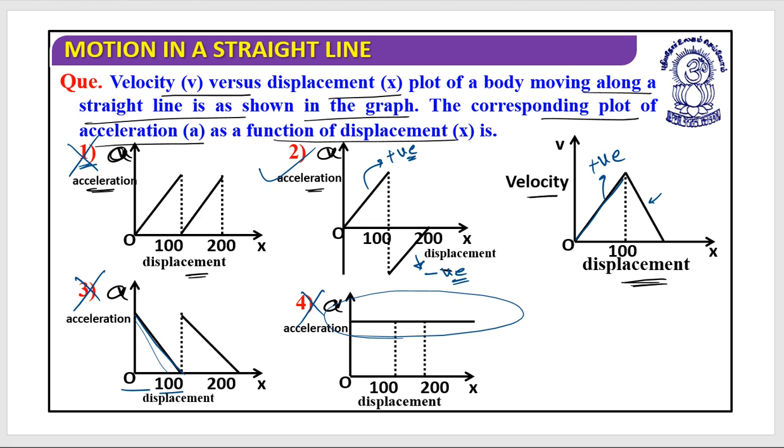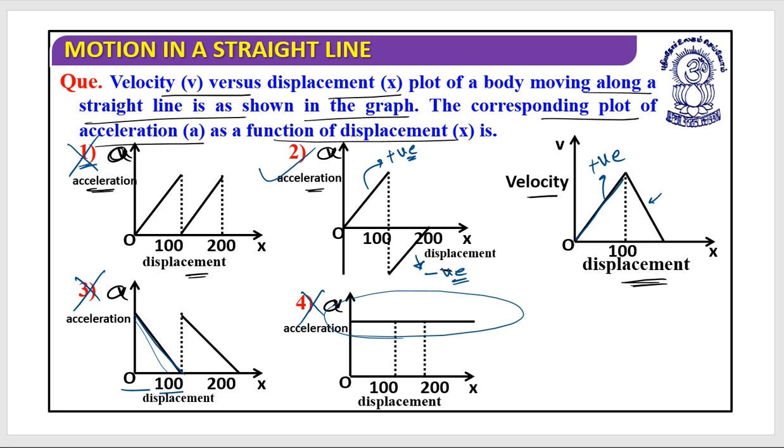Now please note which topics are covered. Let me just summarize. We started with motion and rest, then moved to average velocity and average speed, then instantaneous speed. We have done up to differentiation, so now we know all about differentiation.